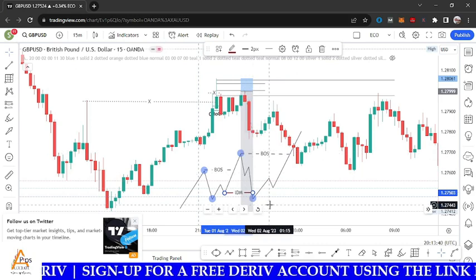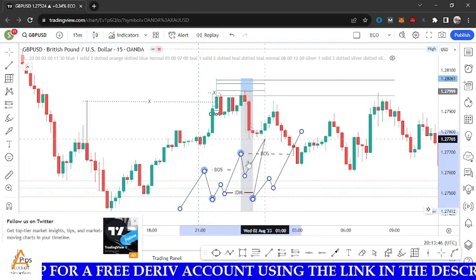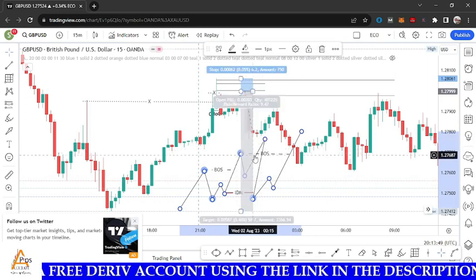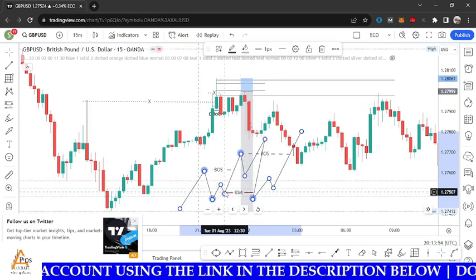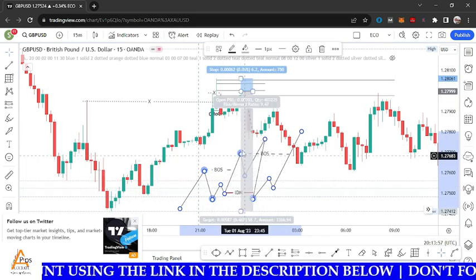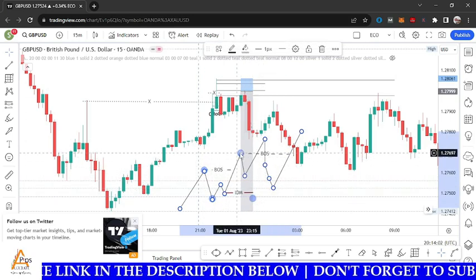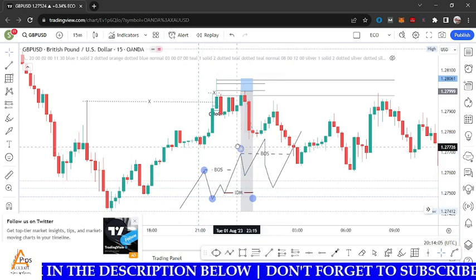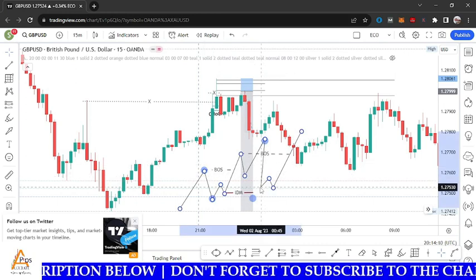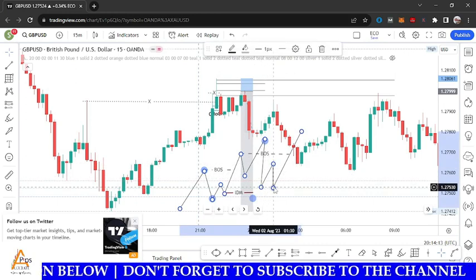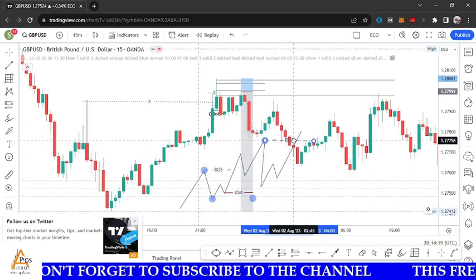But let's say, for instance, when market got to this point, it went and took out this high, because the market didn't come and take this low before breaking this high, we can't call this our new higher high. No, we will call it internal structure. Let's say this new high now takes this one like this and moves this way, then that is when we can say we have a break of structure.